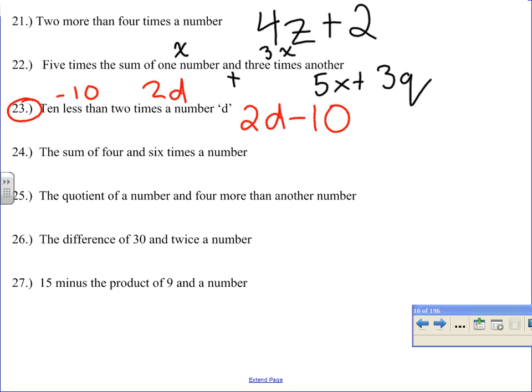Okay, most difficult one on here, and our last one we're going to do on this page. The quotient, right here, number 25. The quotient of a number and 4 more than another number. So the quotient of a number and 4 more than another number.